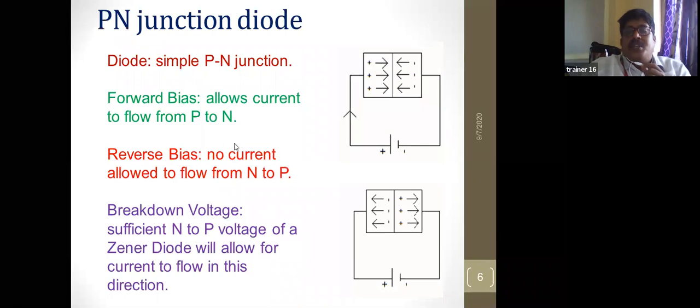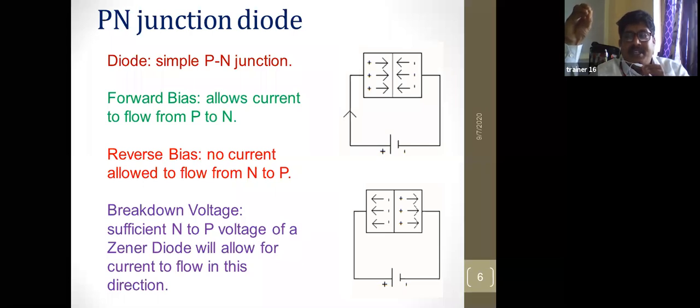And in the PN junction, we discussed the forward bias and the reverse bias. The forward bias allows current from P to N, whereas in the reverse bias no current is allowed from N to P. Only a negligible amount of current, in terms of milliamperes, 10 to the power of -3 or 10 to the power of -6, is flowing.